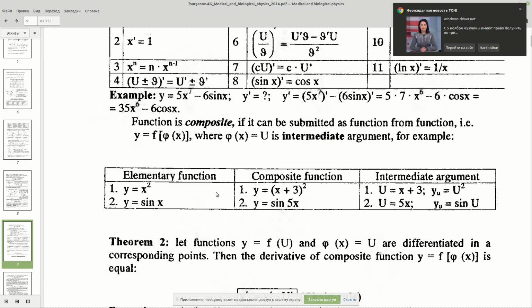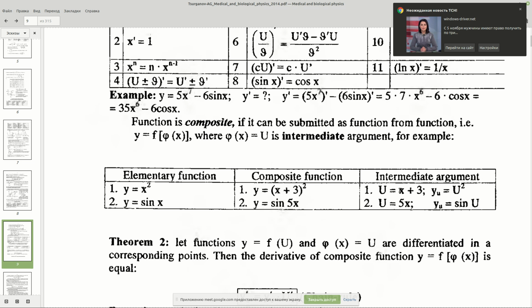Likewise, the elementary function sine x, and the composite function sine 5x, where u will be 5x and y of u will be sine u.